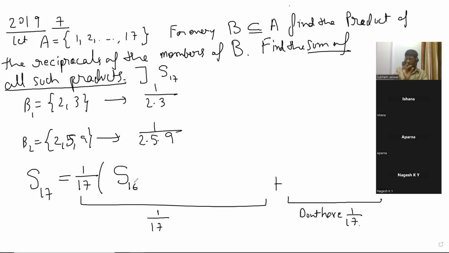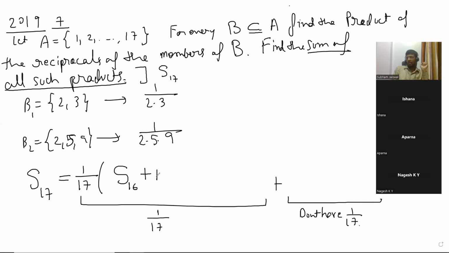Because 17 is prime, they will basically correspond to subsets that don't have 17. So you can do it systematically: for every subset of A that does not have 17, write a product, it will appear in this. But it has something extra. It also has an extra 1 in it.